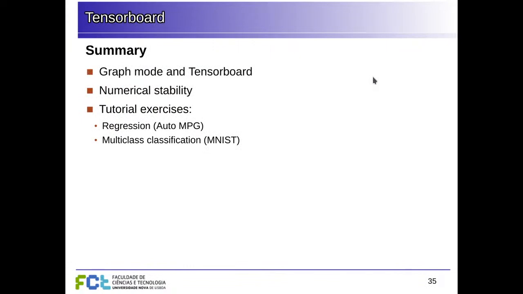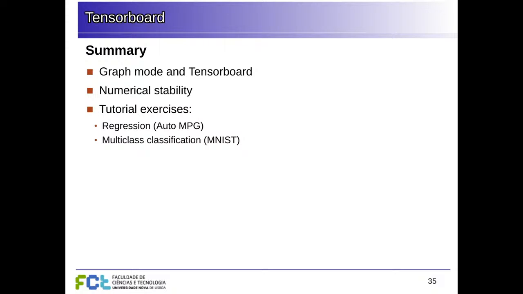So to sum up, we saw how to use autograph to create the graph of computations. We are using this only to export to Tensorboard and look at our model, but you can use this in graph mode to have TensorFlow optimize the execution of your code.